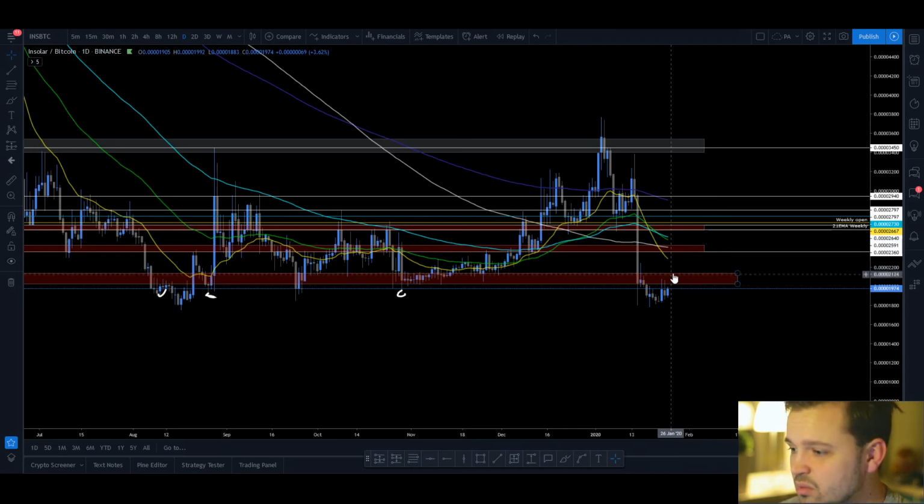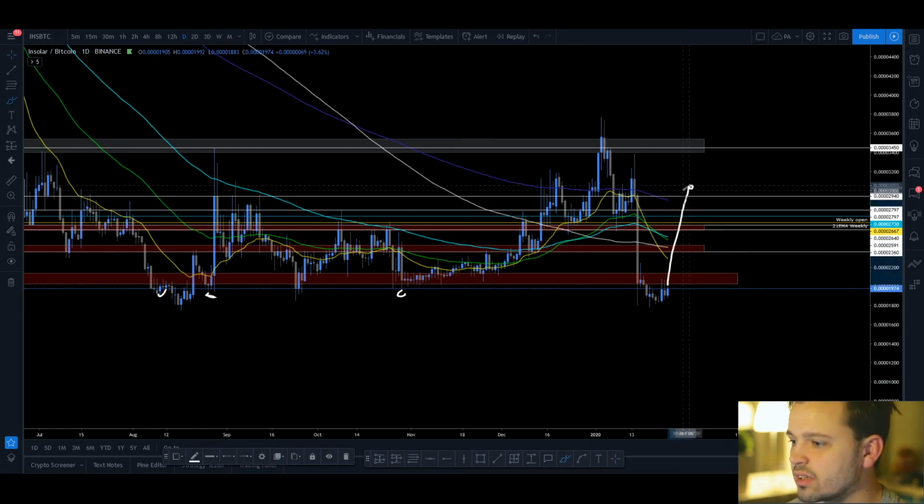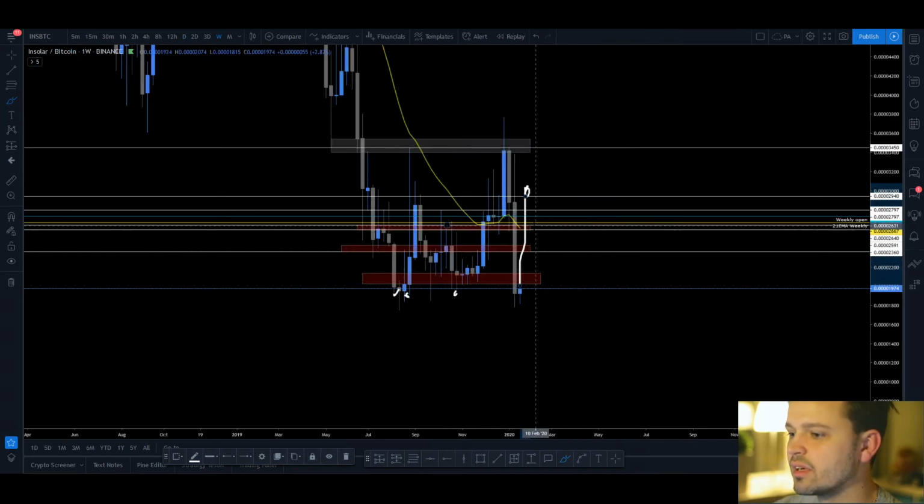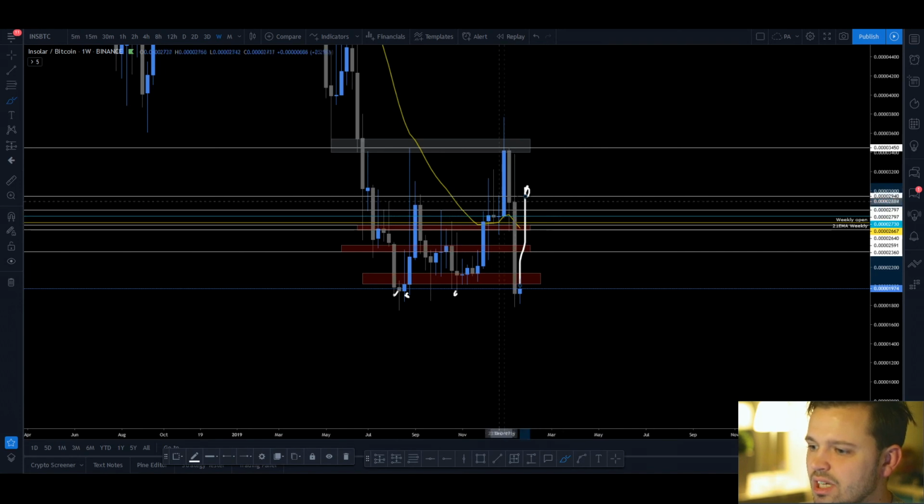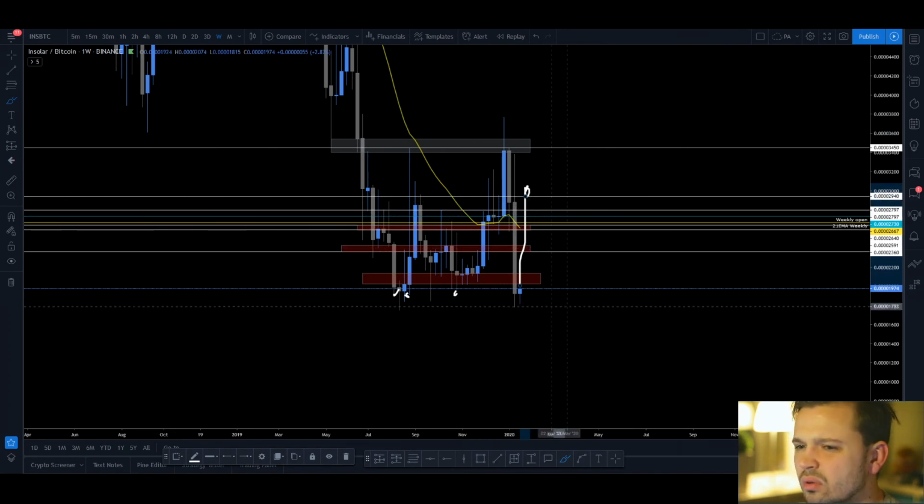Maybe if it breaks this one to the upside, but like I said, the risk to reward ratio isn't there. I would like to see a move up here to really show strength. Reclaiming this area here would be a move above all the major moving averages, and also reclaiming the 21 EMA on the weekly. That's what I like to see for a strong bullish case. We need to get into this area right here again. So InSolar, not really something I'm looking to enter.